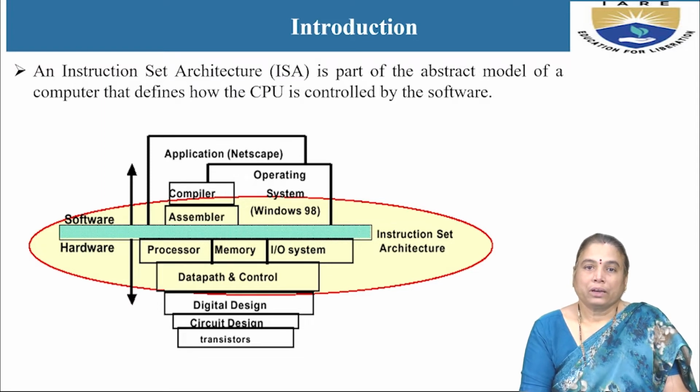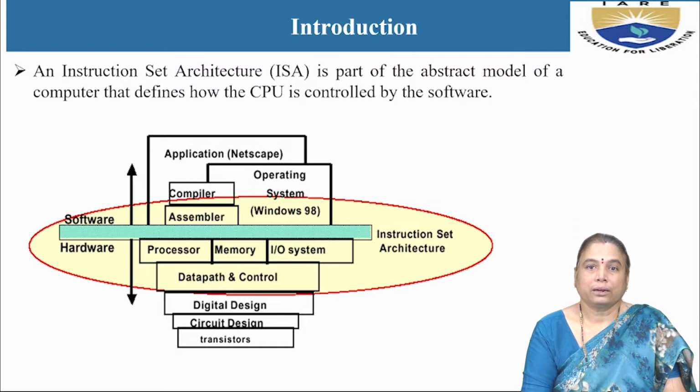This program can be converted into machine language by using either a compiler or an interpreter. In the case of assembly language, the assembly language program can be converted into machine code with the help of an assembler. This code can be understood by the computer, and it activates the necessary hardware units in order to execute and provide the required functionality to the user.